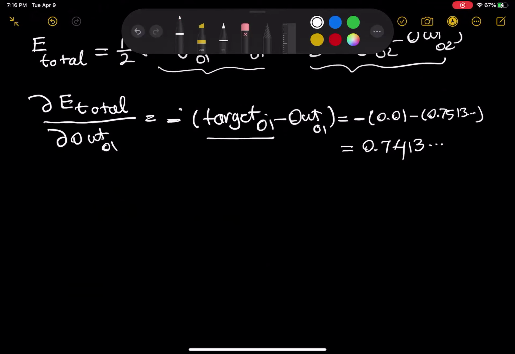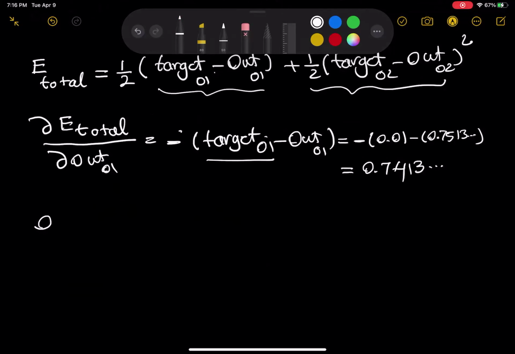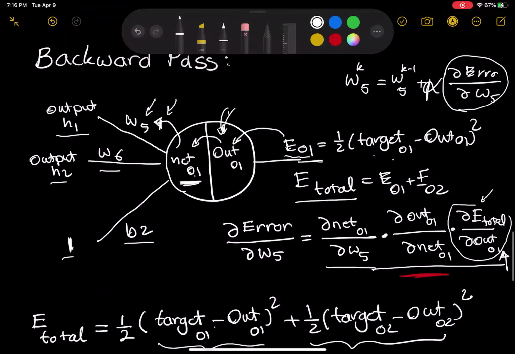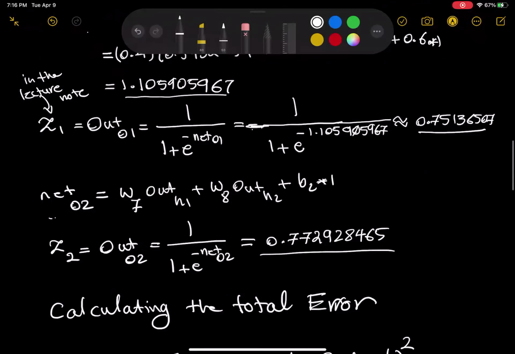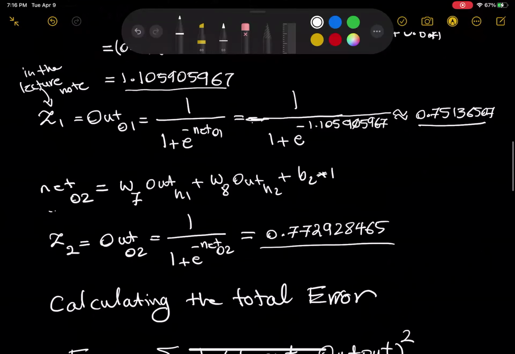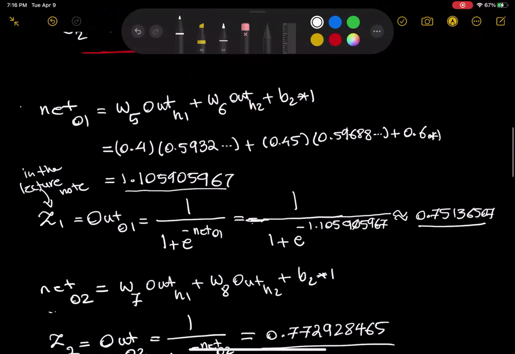We know that out O1 is equal to 1 over 1 plus e to the minus net O1. We already seen that. I have it here. If you don't believe me, we already used that here. I mean, this is out 2. For out 1 it is exactly the same.